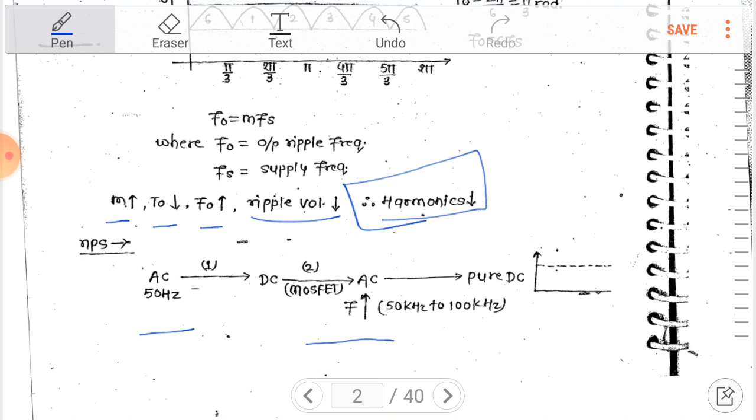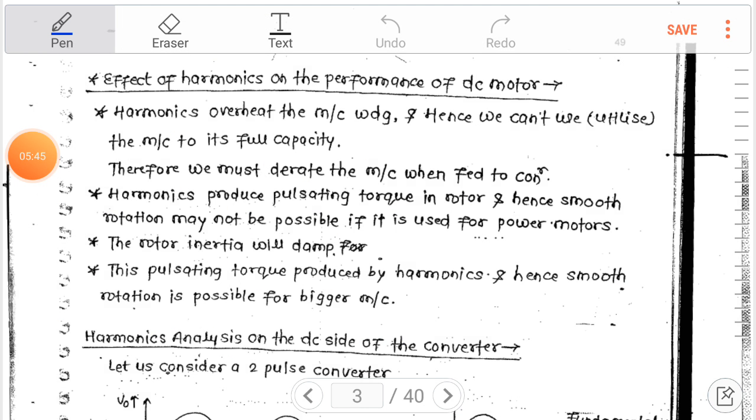The switching frequency of a MOSFET is around 50 kHz to 100 kHz. It is able to produce pure DC. High frequency switches seem to generate pure DC, but they still consist of some harmonics in power electronic devices. So we will see the effect of harmonics on the performance of a DC motor, which is an application of switching devices.